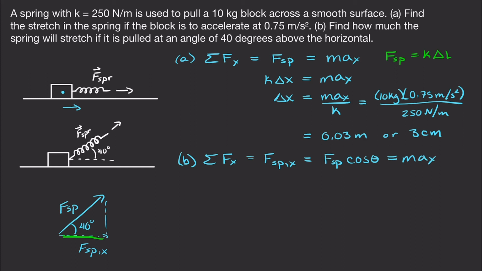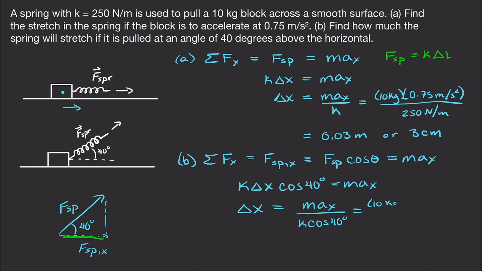And so again, I'm going to plug in my K delta X for my spring force. So I get K delta X times the cosine of 40 degrees, and it's going to equal mass times acceleration. Now I can solve for delta X again. This time I'll have to divide by K times cosine of 40 degrees.